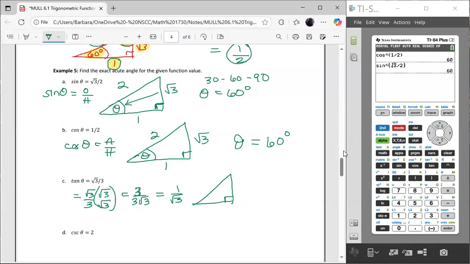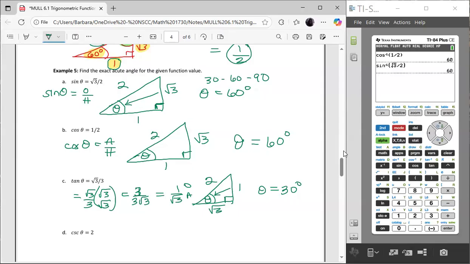So the tangent of theta, that's the opposite of the theta. So that's 1. And the square root of 3 is the adjacent. Okay, so it's O and that's A. So the adjacent is square root of 3. So now we have a 1, square root of 3, 2 triangle. Theta, because it's across from the smallest leg, we know theta is equal to 30 degrees.